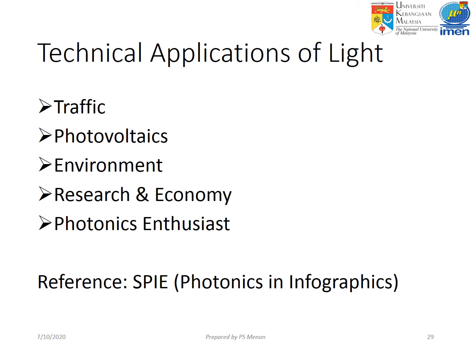Okay. Other than that, we'll also look at traffic, photovoltaics or solar cells, the environment, research and economy, and also how the photonics enthusiast uses all the different technology from light in his daily life. Okay, so this was taken from the SPIE Photonics in Infographics.